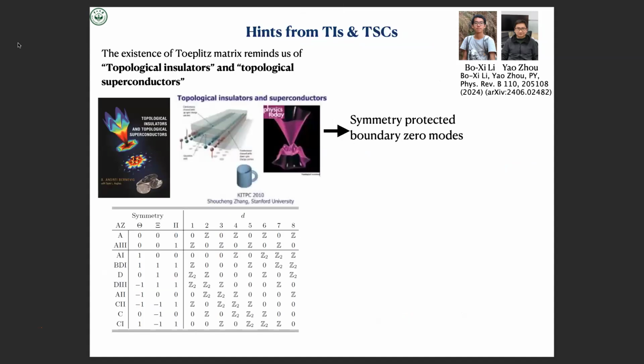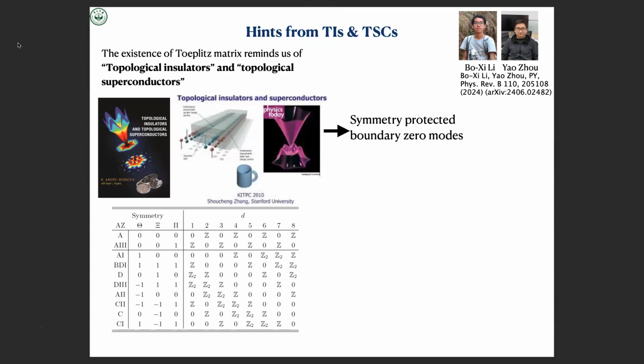Now, the existence of this kind of vector reminds us of the very famous TI and TSC, topological insulators and topological superconductors. This is very famous, more than 10 years ago.